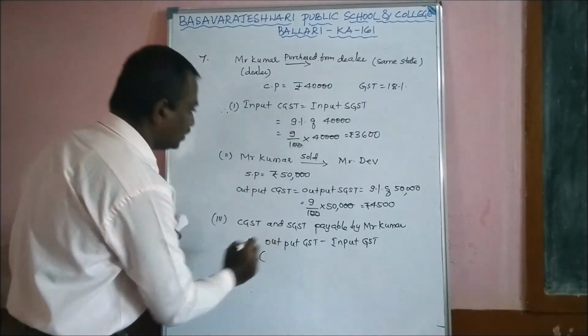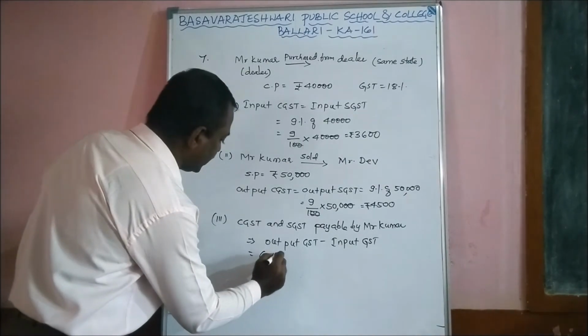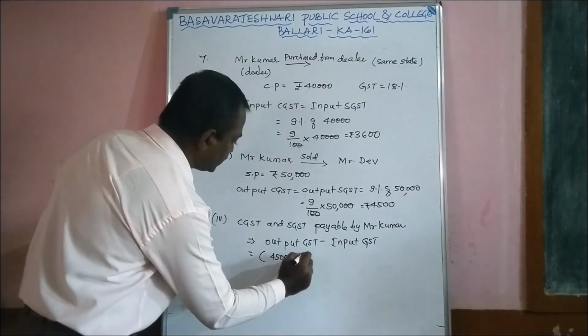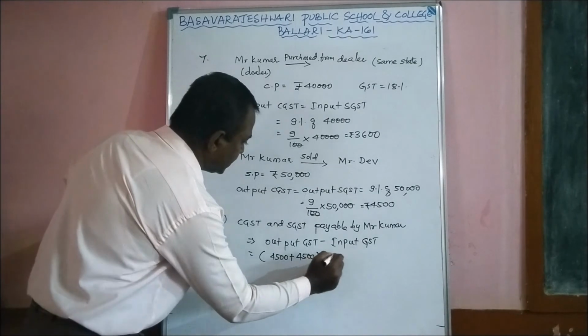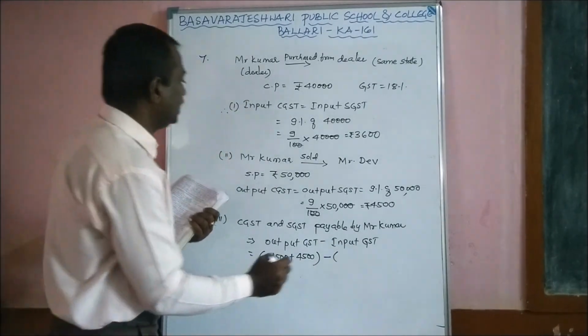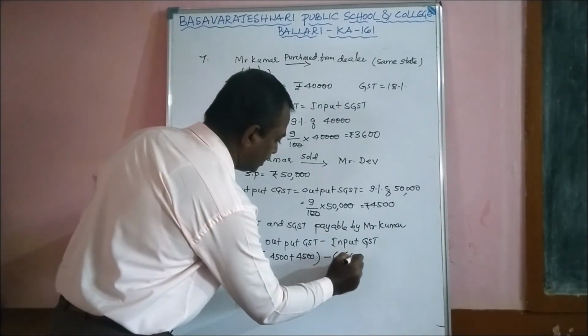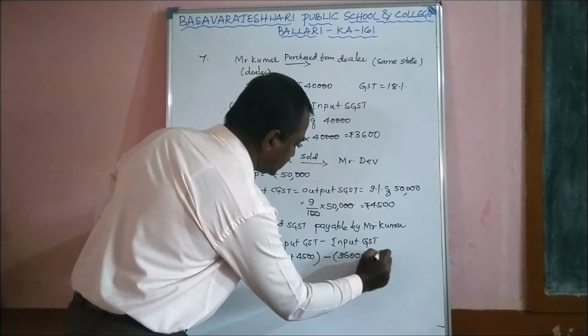Output GST includes two values: 4,500 plus 4,500 minus input GST, which is 3,600 plus 3,600.